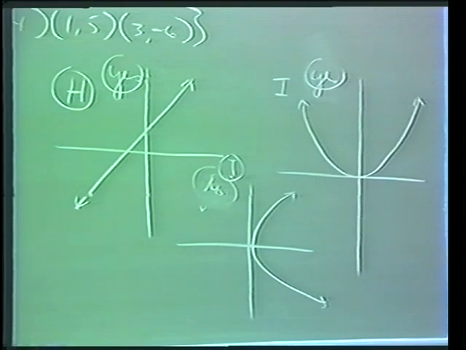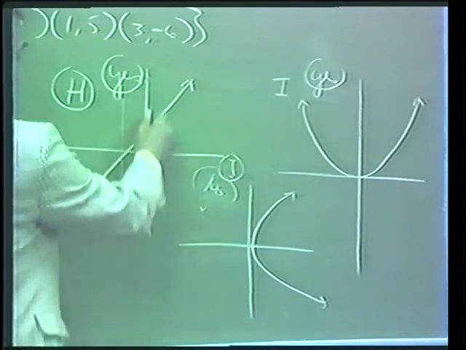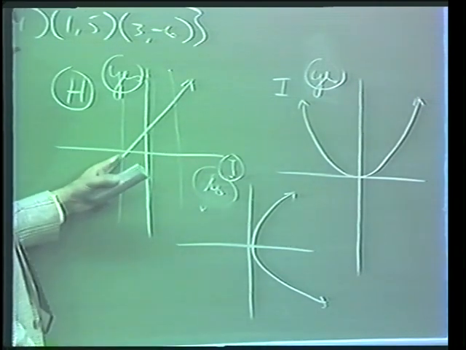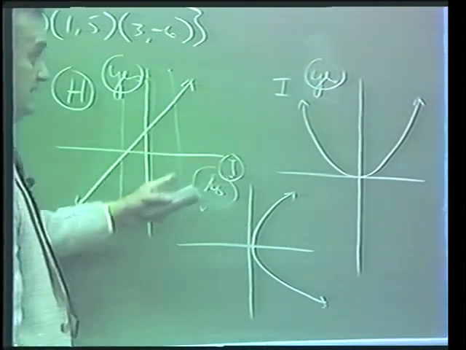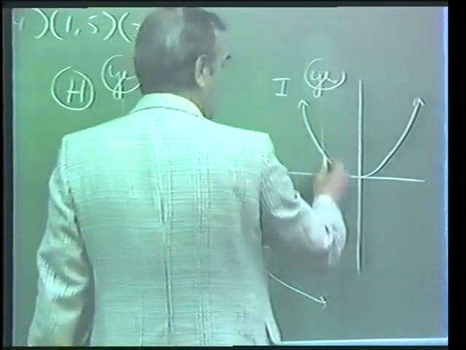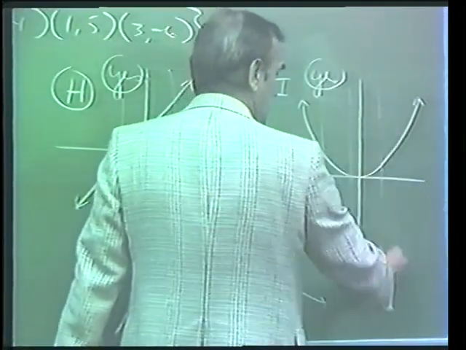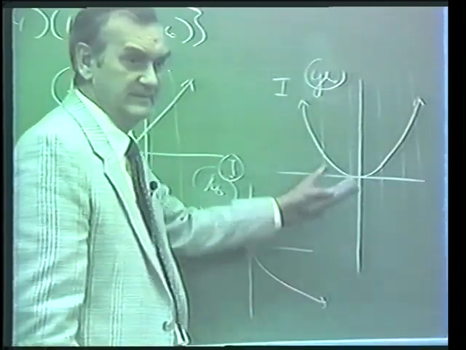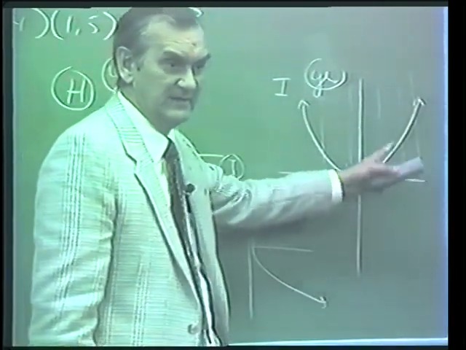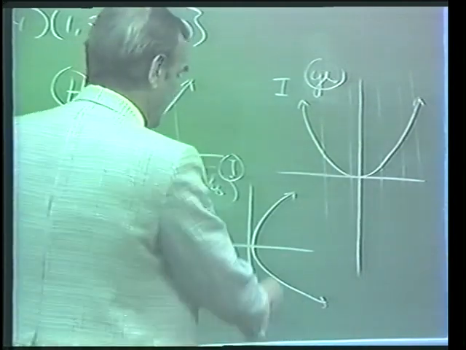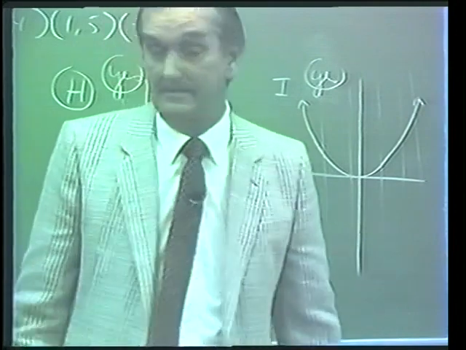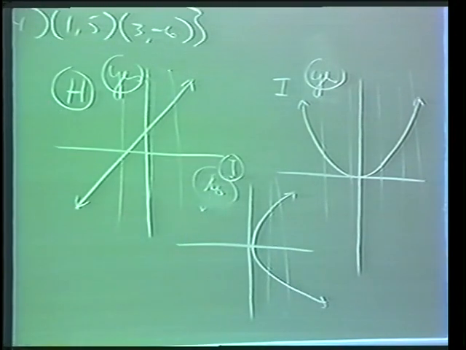If it crosses it more than once, it's not a function. No matter where I draw a vertical line here, it will never cross more than once. That means for each x, one y. This is a function. Notice here, that's not a function.